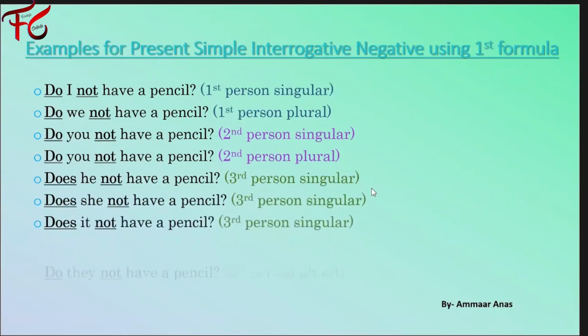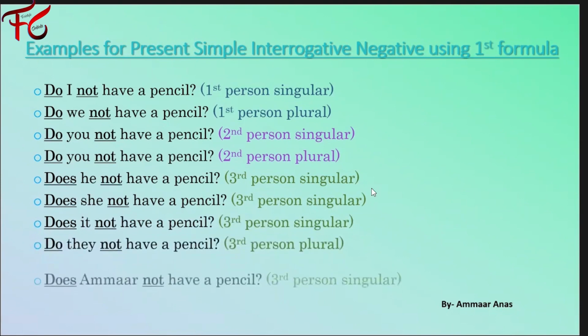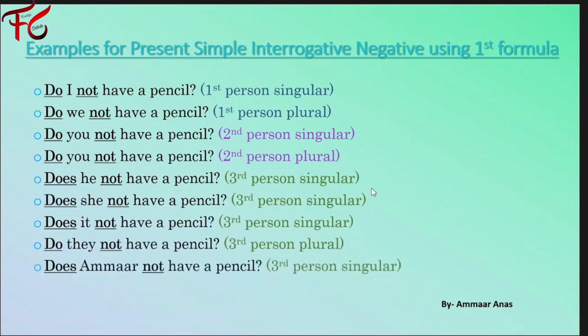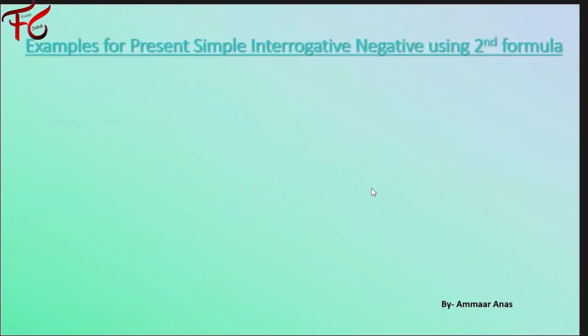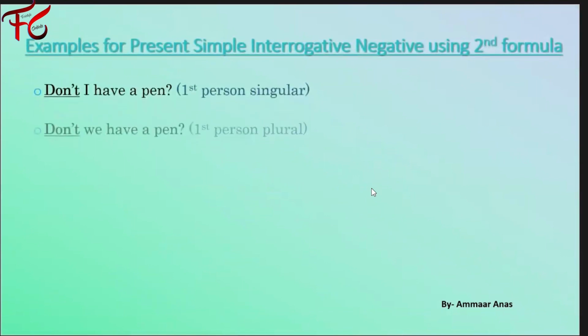Third person singular. Does she not have a pencil? Third person singular. Does it not have a pencil? Third person singular. Do they not have a pencil? Third person plural. Does Ammar not have a pencil? Third person singular.